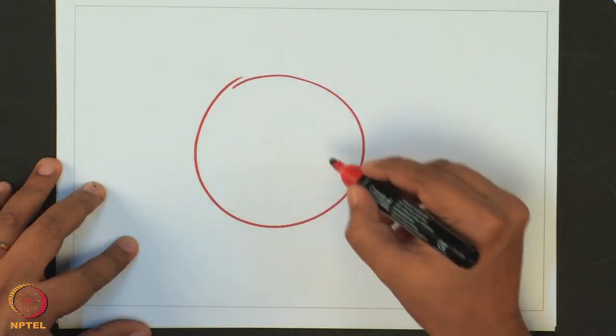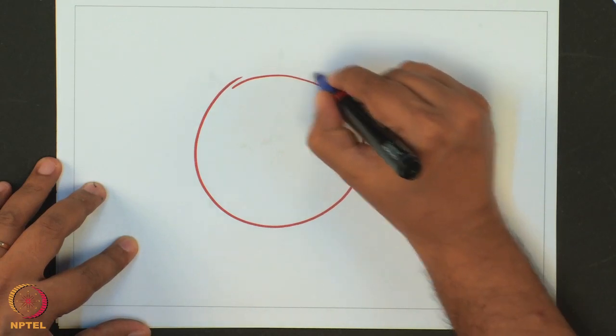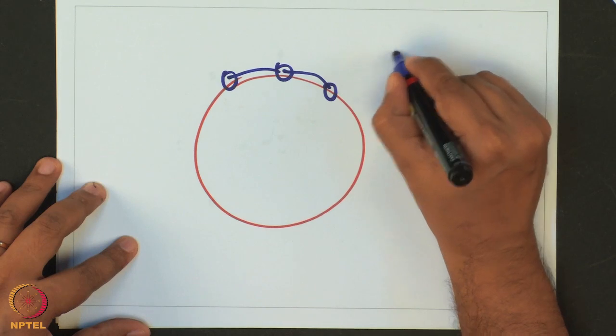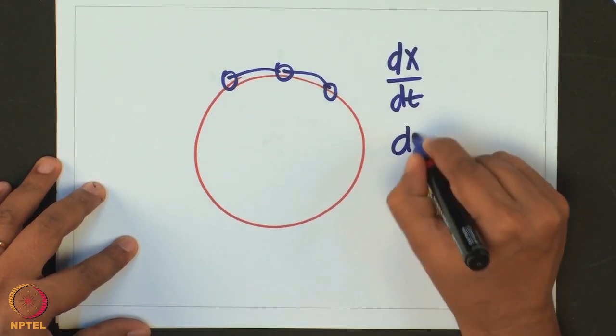If I want to discuss motion along the circle, so I want to say something is moving from here to here to here and so on, either I could say dx by dt and dy by dt.